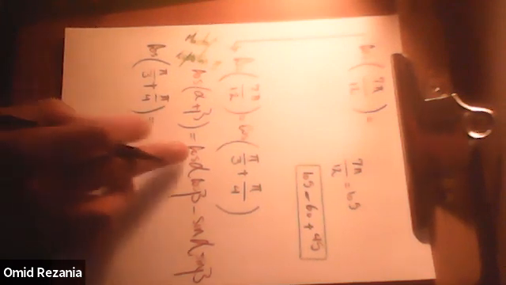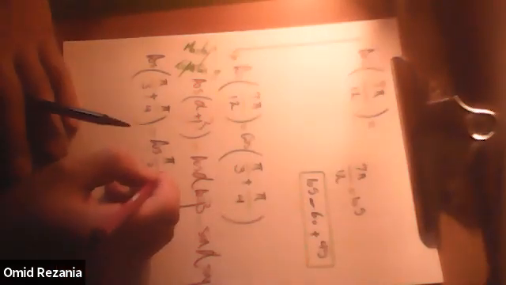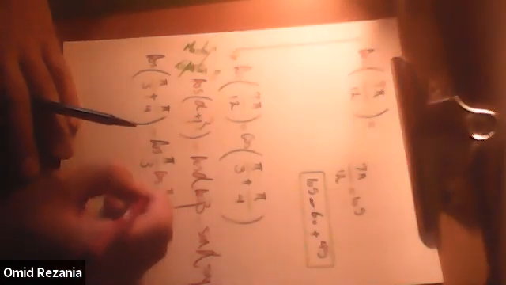I'm going to follow term by term, which becomes cosine pi over 3 multiply cosine pi over 4, minus sine pi over 3 multiplied by sine pi over 4.